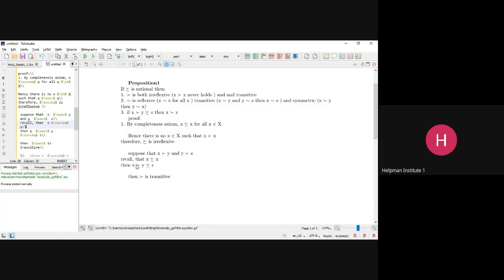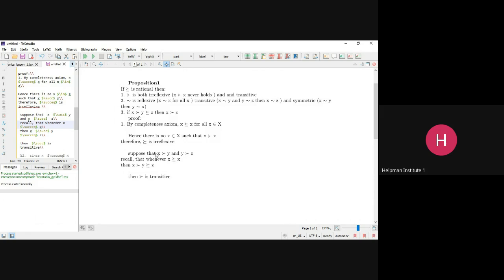So you can see, recall that whenever x is preferred to y, we are using that assumption. So we can conclude this way.